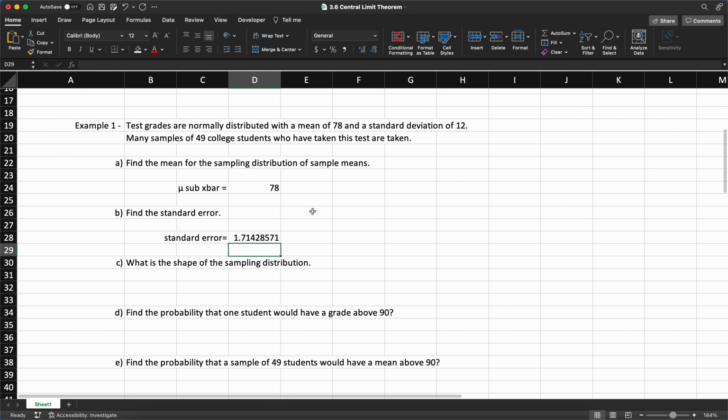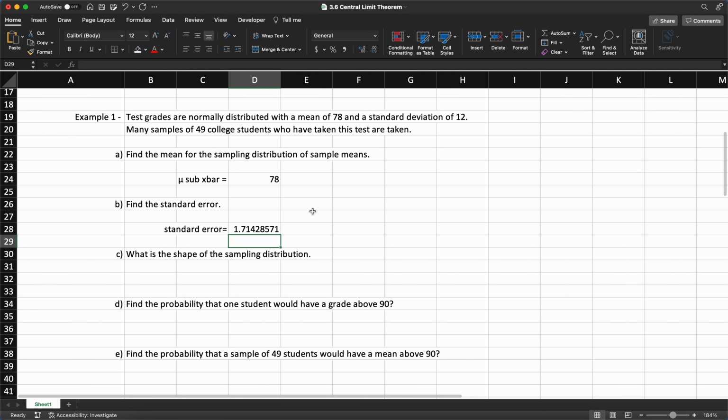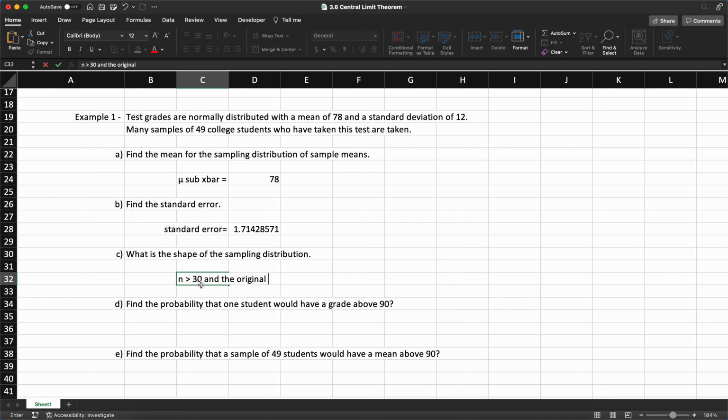So now let's talk about the shape of the sampling distribution. So the shape here is we're taking a sample size n greater than 30, and the original test grades are normally distributed. So let's say that in this problem, the samples were only of size 20.